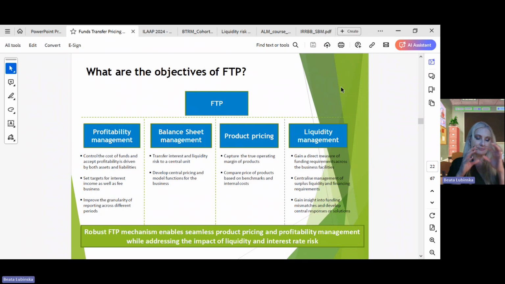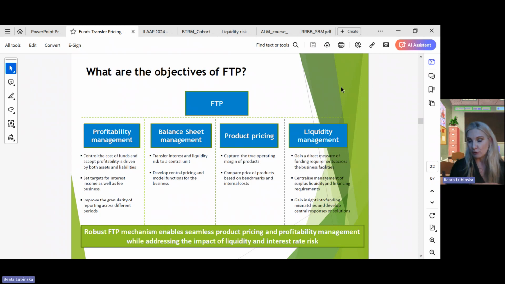Of course, there are a number of different aspects when you are analyzing how to FTP the products, and we will be talking about this in detail in subsequent sessions. Then you will see what I mean. So direct liquidity cost means TLP.